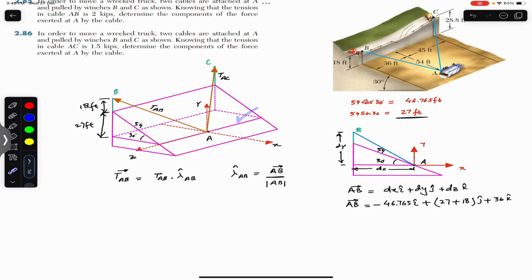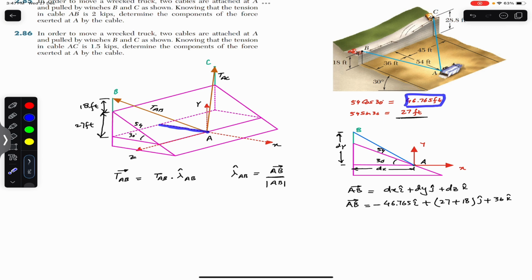Now I can explain it in this 3D diagram. The position vector tells us the position of point B relative to A. That is why this is the position vector from A to B. In order to reach point B from A, we need to travel this distance, 46.765 feet.